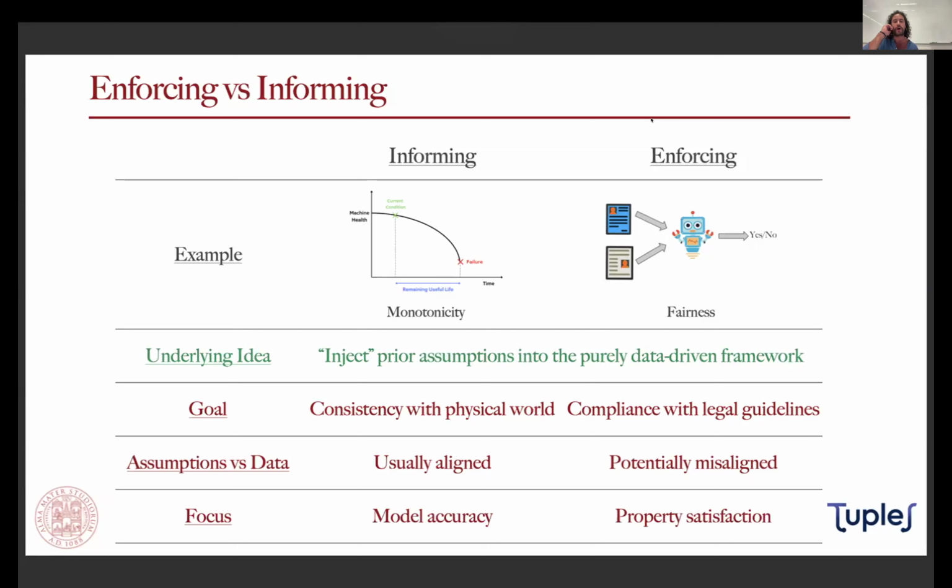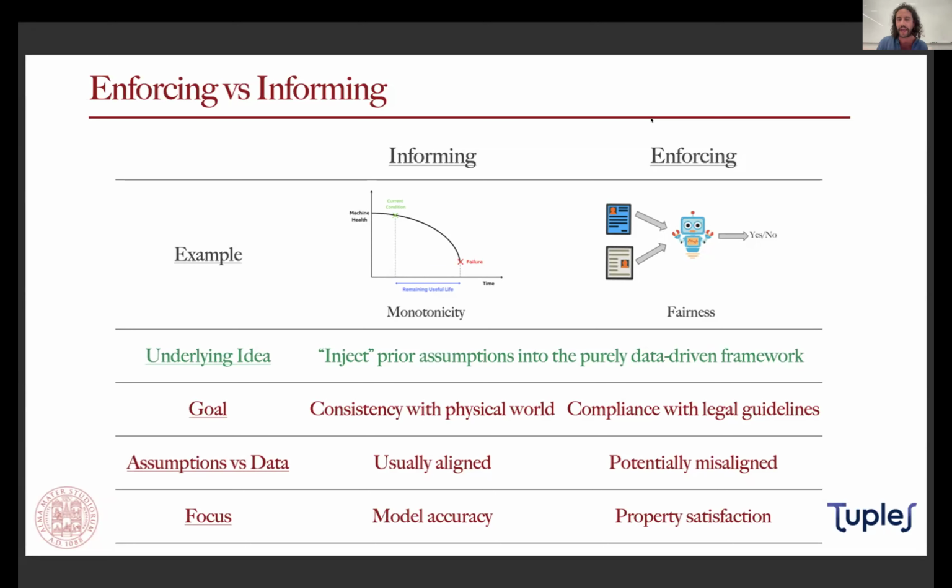And a last point is in the focus, I would say. When I teach a monotonic behavior to my system, I do this because I hope to improve its accuracy. So I might expect that a monotonicity-aware system on the real data performs better than a monotonicity-agnostic system. On the other side, again, this is not always the case. My fair model very likely will perform worse than my unfair model, okay?